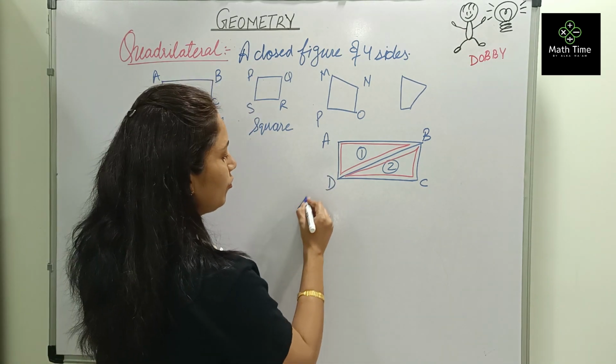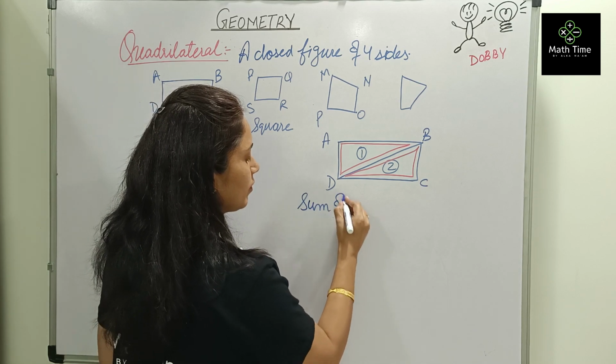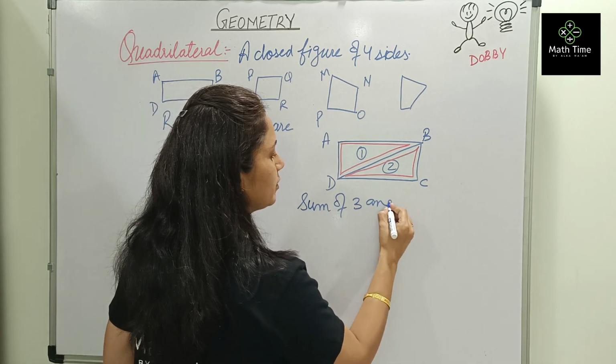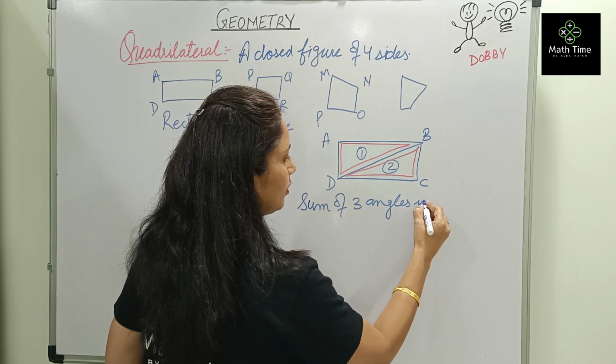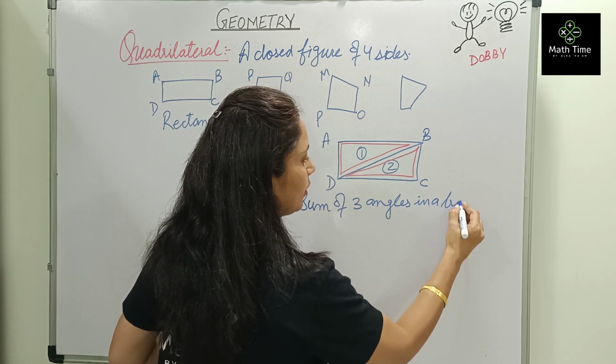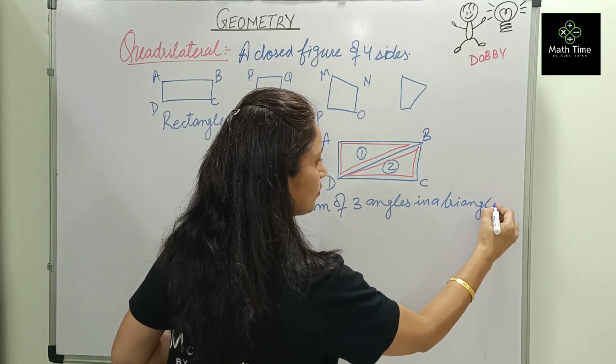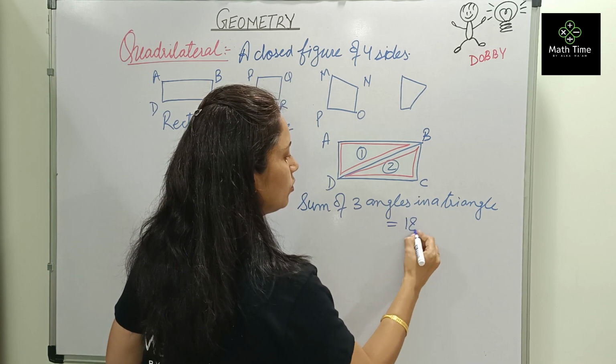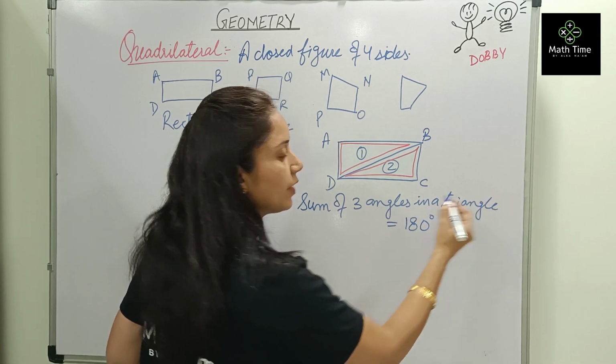The sum of three angles in a triangle is equal to 180 degrees, right?